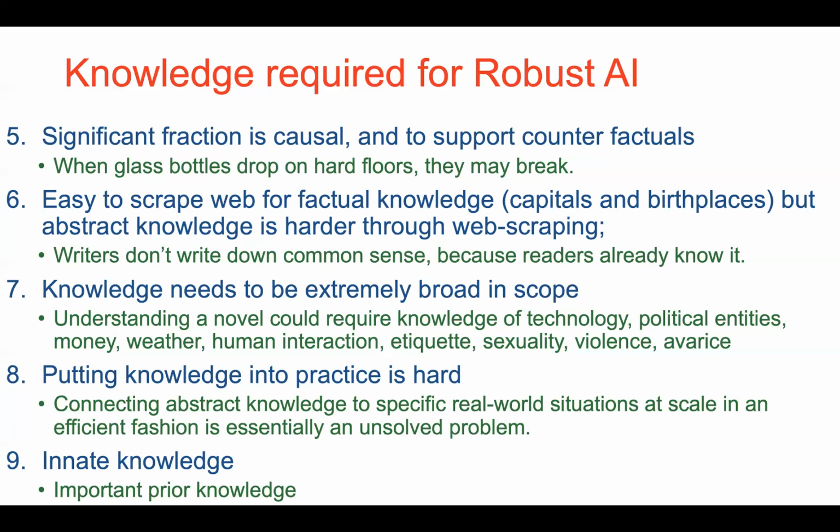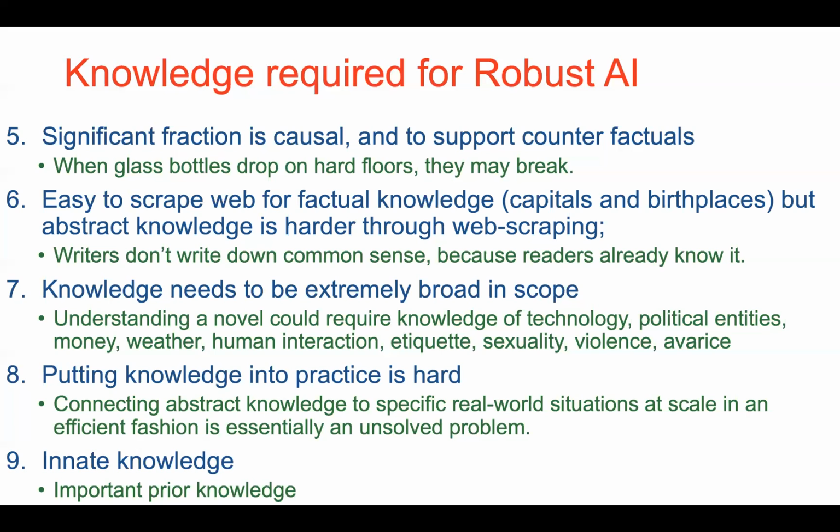Putting knowledge into practice is hard. Connecting abstract knowledge to specific real-world situations in an efficient fashion is essentially an unsolved problem. So how do you connect abstract knowledge to specific real-world situations, right? And innate knowledge is important prior knowledge.